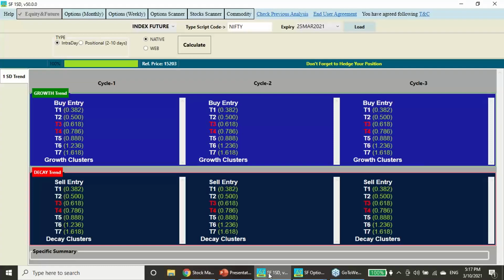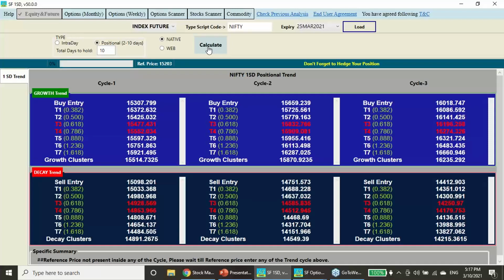Suppose Nifty is currently at the 15,203 level, having closed as of 10th March 2021, and I am using Smart Finance software. For the coming 10 days period, what will be the trend as per the prevailing volatility?